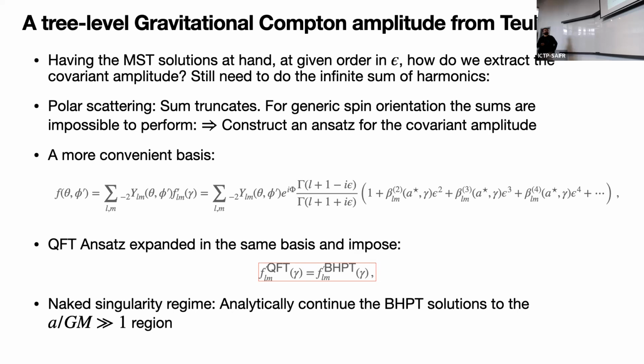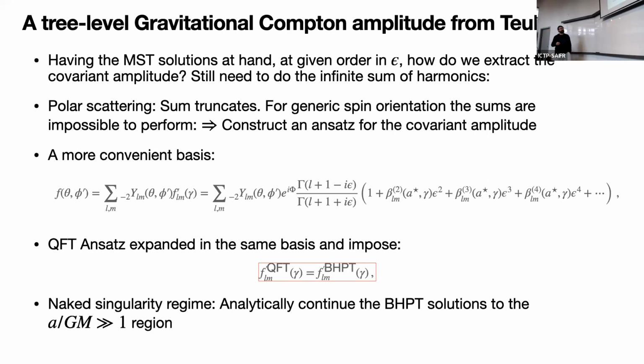Instead of writing the spin weighted spherical harmonics this way, write them in terms of spin weighted spherical harmonics in a better basis. Here I'm talking explicitly about the spin 2 perturbations. So you expand your modes or your scattering amplitudes in powers of epsilon times some functions of the spin of the black hole and gamma, which is the angle formed by the incoming wave and the direction of the spin.